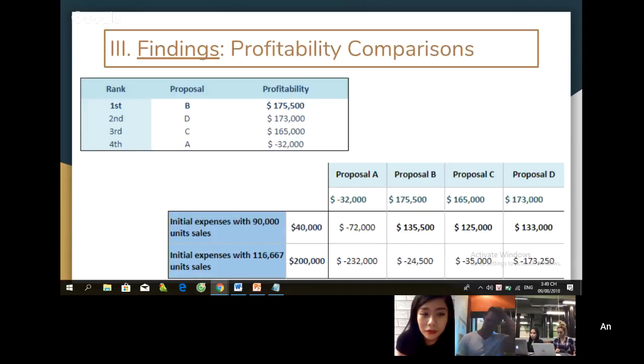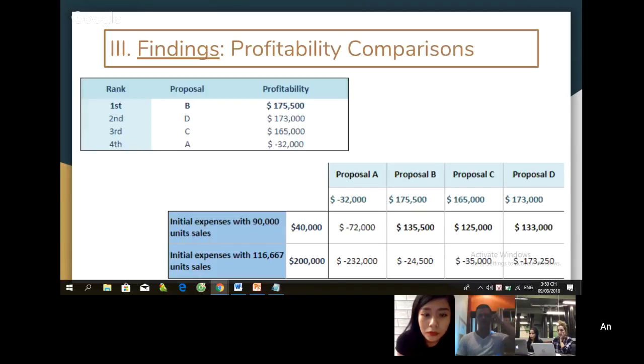The table shows you differences between the four proposals, comparing them to the initial plan with different volume. Regarding the current situation of Marathon with $40,000 profit, proposals B, D, and C are defined to improve the company performance much more.